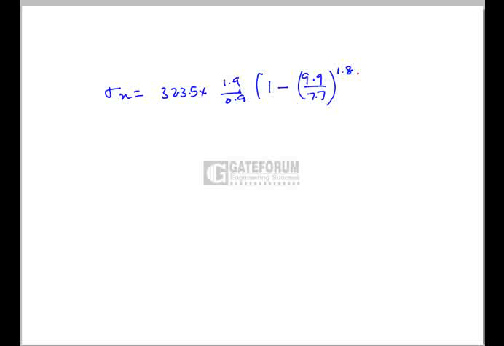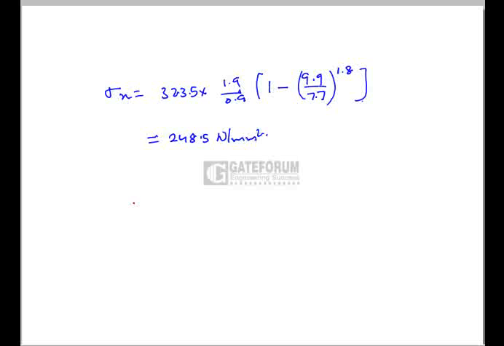Substitute all the values. Here sigma x is equal to 323.5 into 1.9 by 0.9, into 1 minus (7.7 by 9.9) whole power of 0.9, which gives a value of 248.5 Newton per mm square.